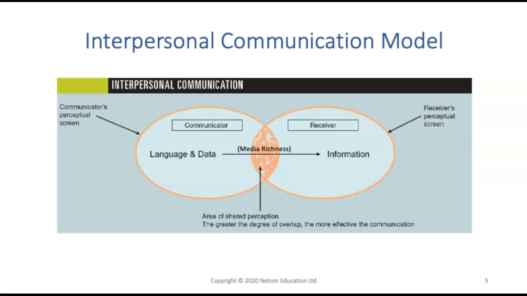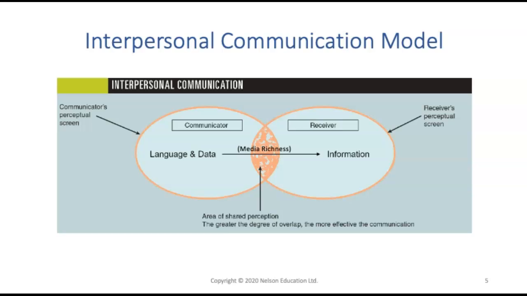It comes in, we interpret it, we change it. The communicator's and receiver's perceptual screens, whatever their perception of the world is and what their viewpoint is, will influence the quality, accuracy, and clarity of the messages sent between them, right? Your perceptual screen and the screen of the person talking to you have a huge influence on what you are perceiving as the message.